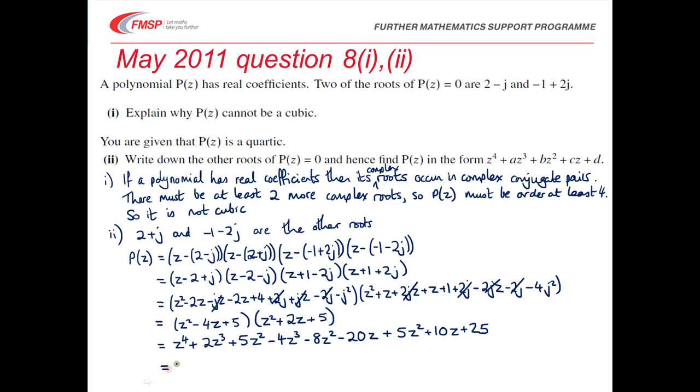And collecting terms gives us z to the 4 minus 2z cubed, since 2z cubed minus 4z cubed is minus 2z cubed, plus 5z squared minus 8z squared plus 5z squared, that's minus 3 plus 5, so plus 2z squared, and then minus 20z plus 10z, that's minus 10z, and plus 25.